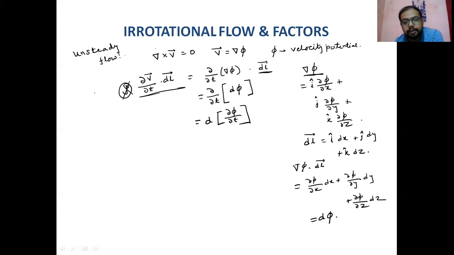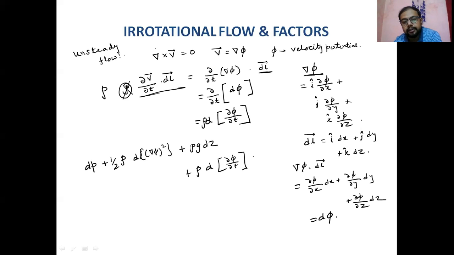Hence, if you multiply this equation with rho, what would your equation be? Your equation will come in this way: dp plus half rho d of V square, where V square you can write in terms of del phi square, plus rho g dz plus rho d of del phi by del t equal to 0.